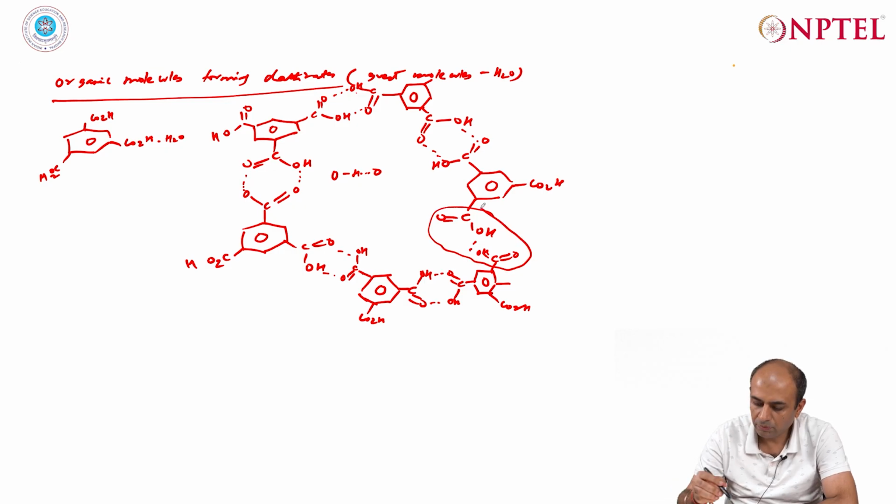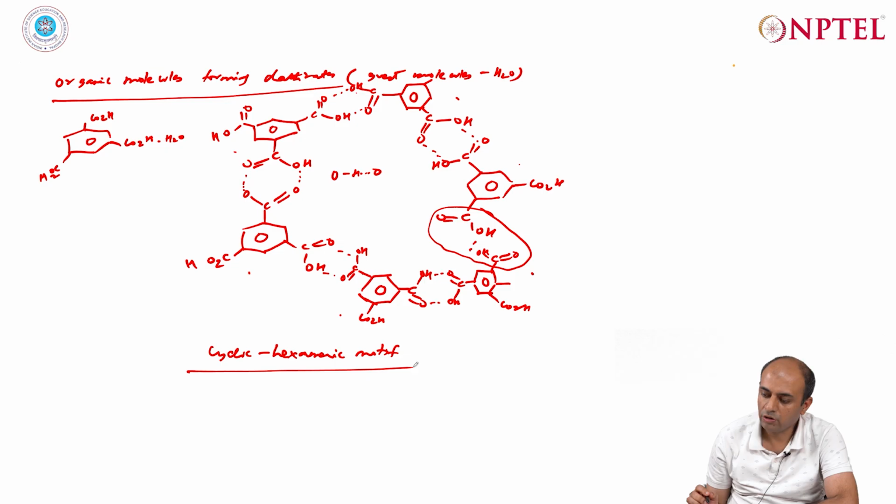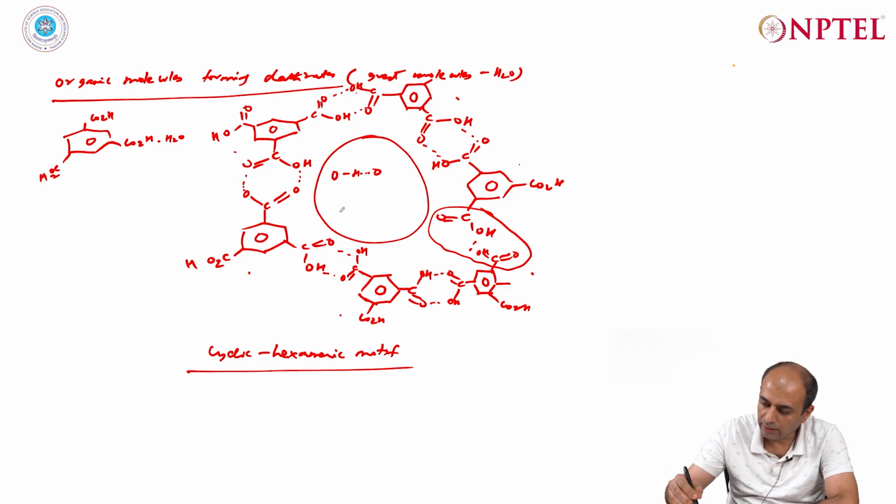So now this forms a one, two, three, four, five, six, a hexamer. Cyclic hexamer motif-like structure, and now you can see that there is a large void in the center.